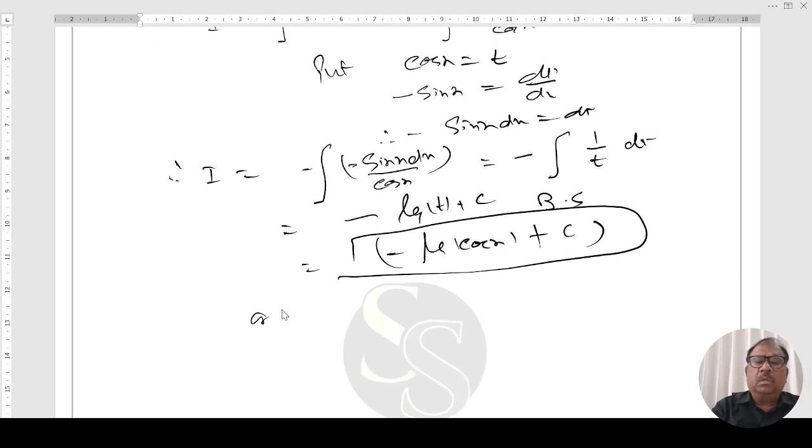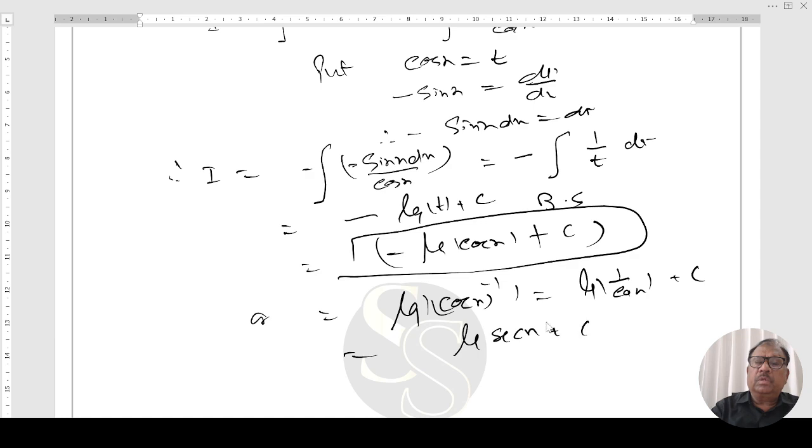Introducing minus 1 inside, this can be written as log of 1 over cos x. That comes out to log of sec x plus c. What is this formula?